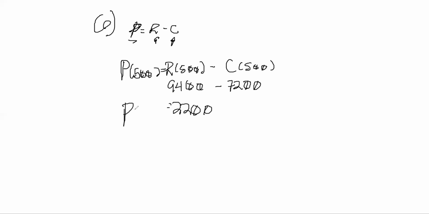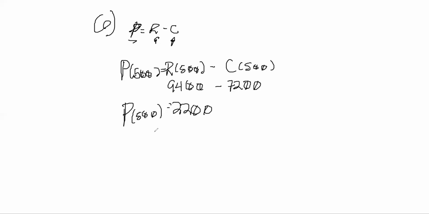So this is the profit of making 500. Okay, so that's part A. Does everybody remember this from chapter 1? Awesome.